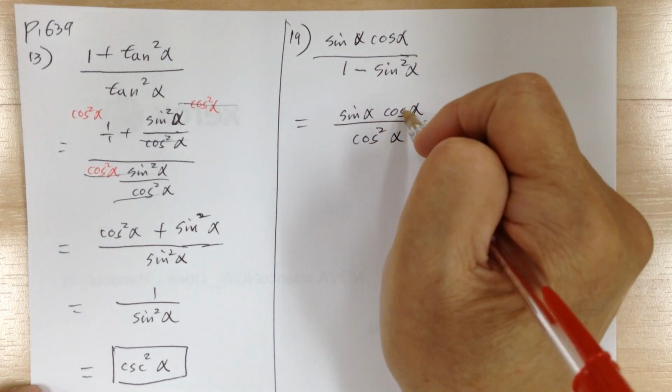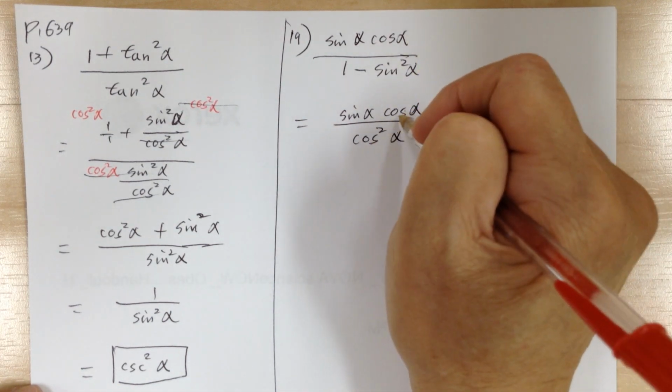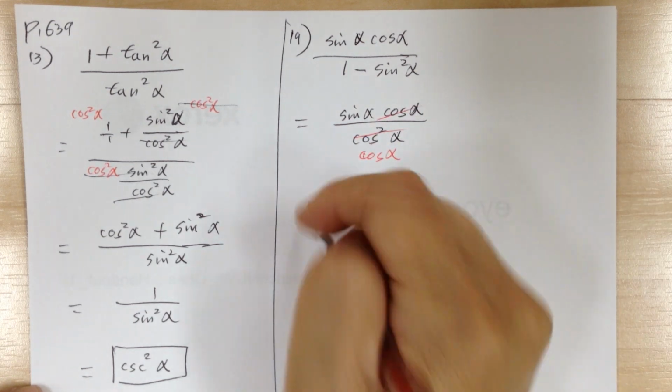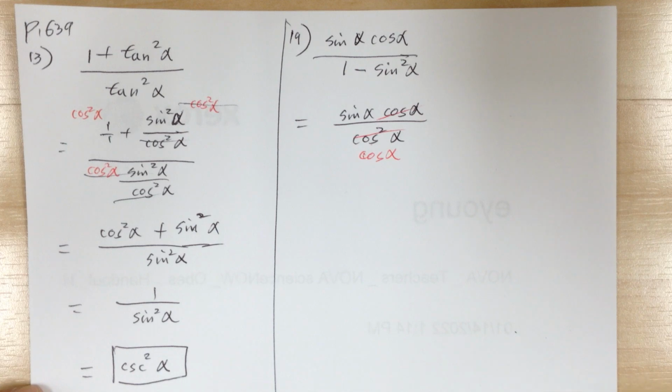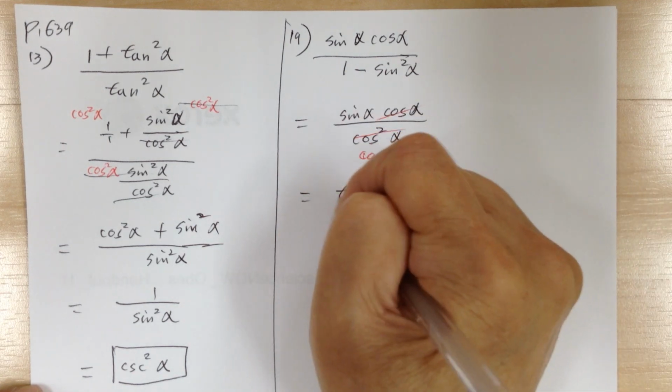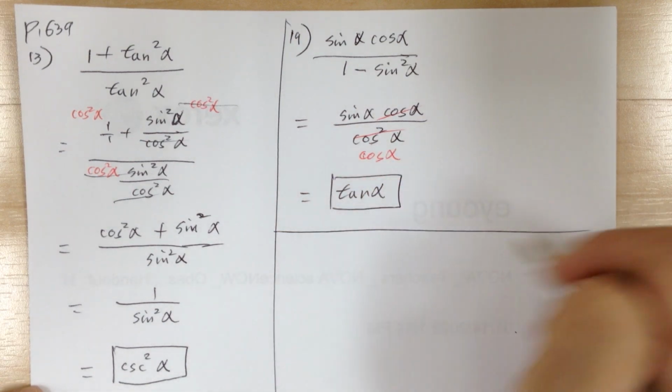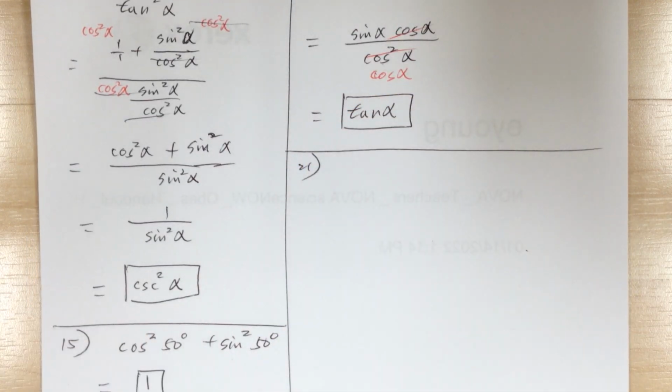And the cosine and cosine square will cancel out, so you end up with a cosine alpha. And then you have sine over cosine, this will equal tangent alpha.